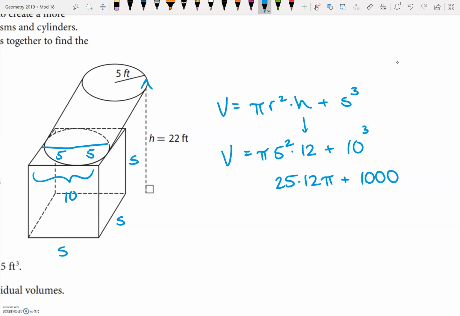And then 25 times 12, let's see, that's 250 plus 50 more, that's 300 pi plus 1,000, and that's going to be our volume. We could say this is going to be feet cubed, or we can round to the nearest tenth.